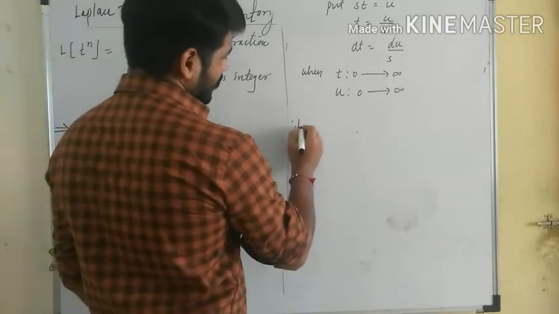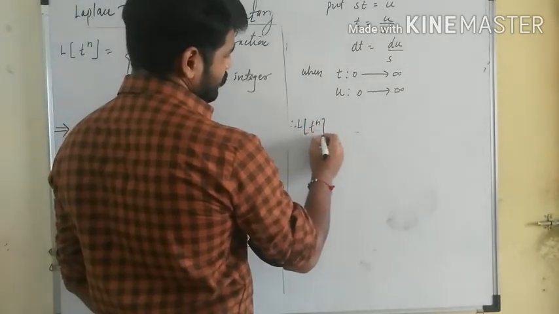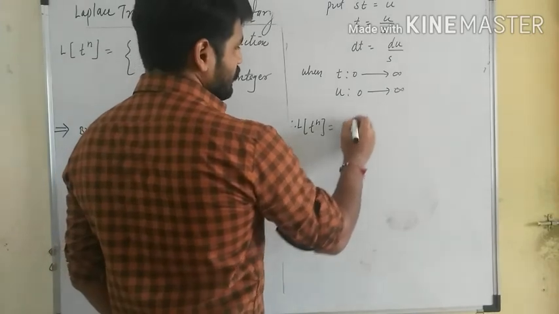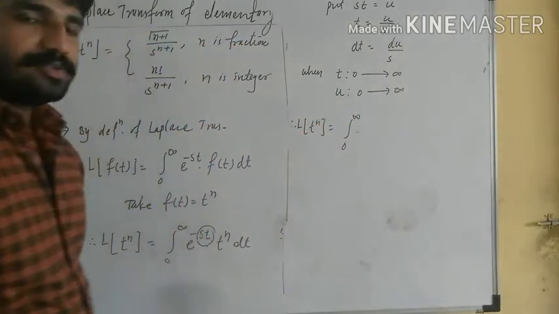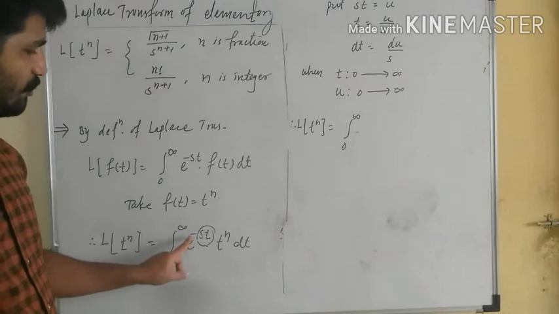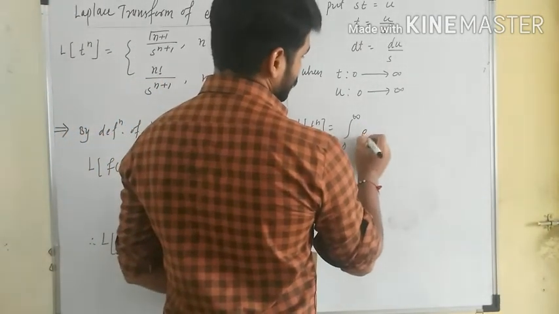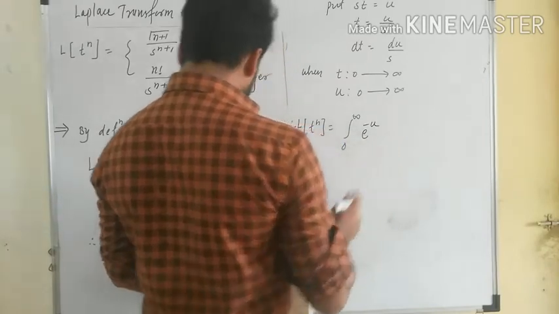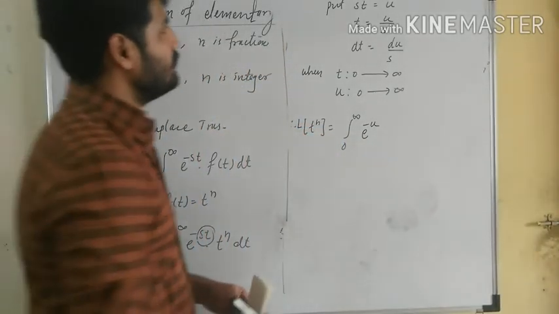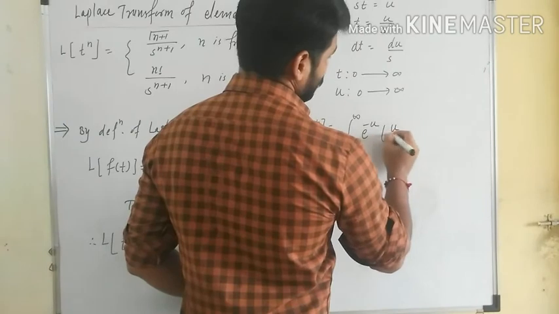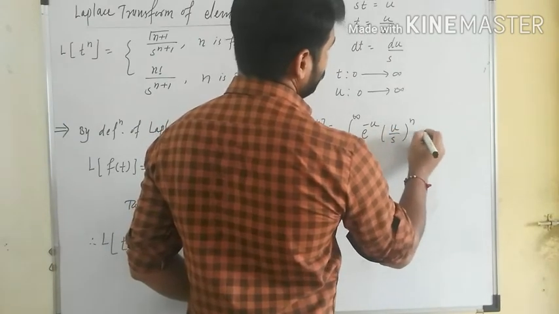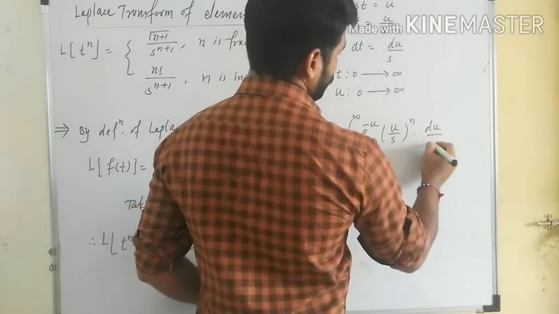So therefore Laplace transform of t raised to n is equal to integral, same limits 0 to infinity, e raised to minus st, but minus st is u, so e raised to minus u, after that t raised to n, that is u upon s raised to n, into du upon s.